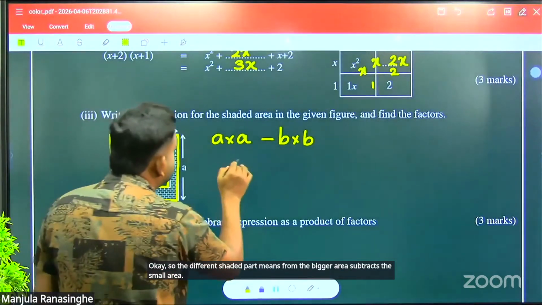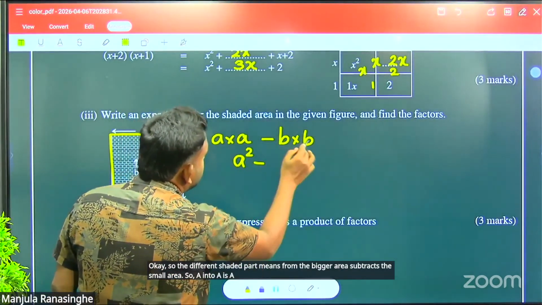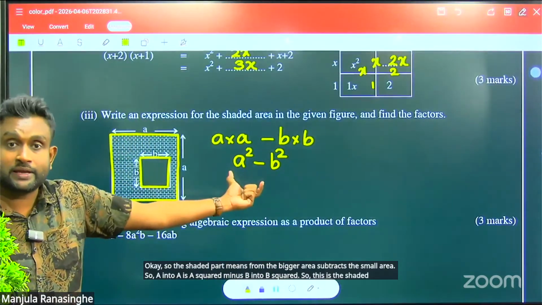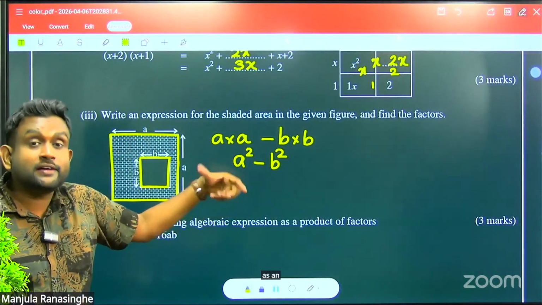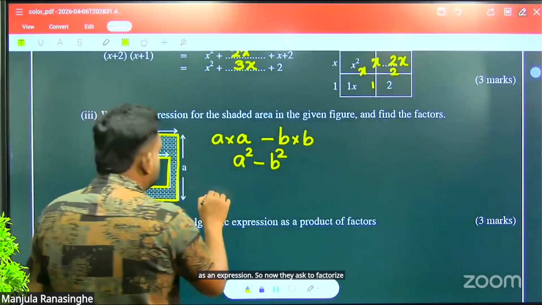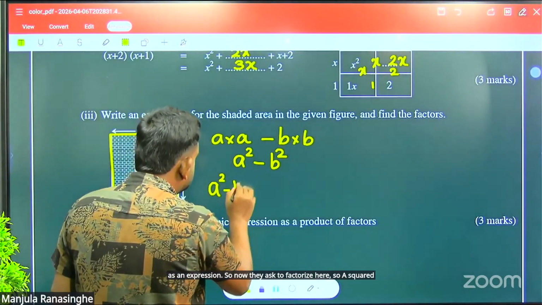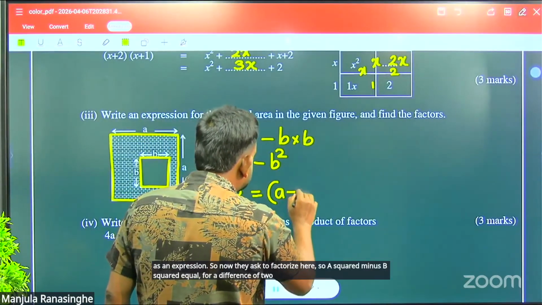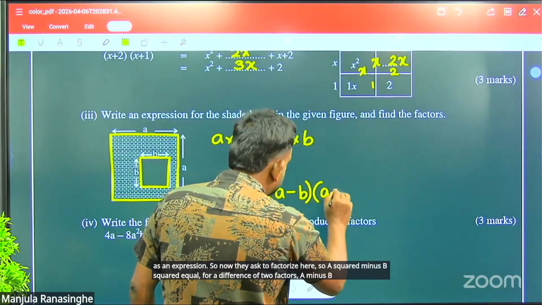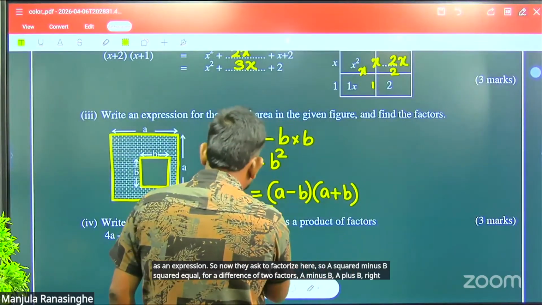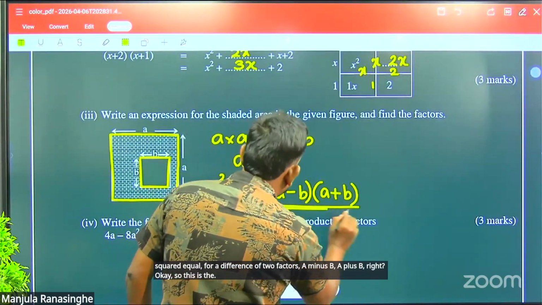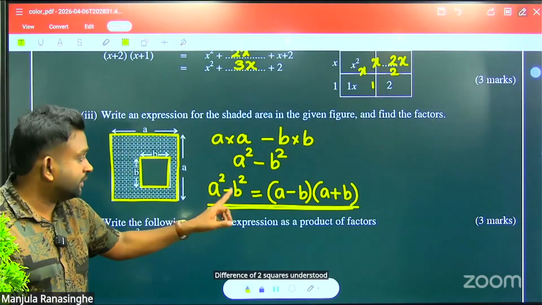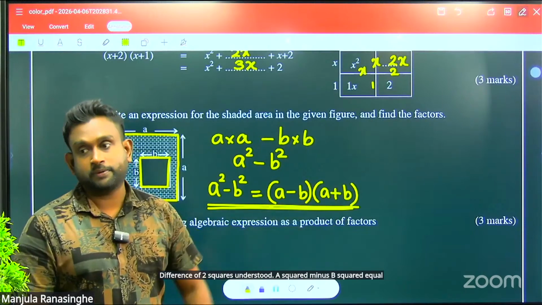So a into a is a squared, minus b into b is b squared. This is the shaded area as an expression. Now they ask to factorize: a squared minus b squared. This is the difference of two squares. Understood? a squared minus b squared equals a minus b into a plus b.